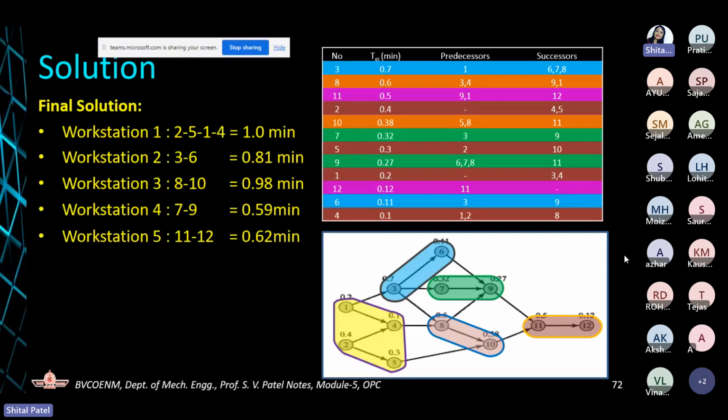In any shape you can group the activities and mention by drawing a line that this is workstation 1, workstation 2, workstation 3, and so on. Or in the final solution on the left side it is mentioned: workstation 1 including activities 2, 5, 1, 4, total time duration for this group is 1 minute. And the final conclusion is this one.